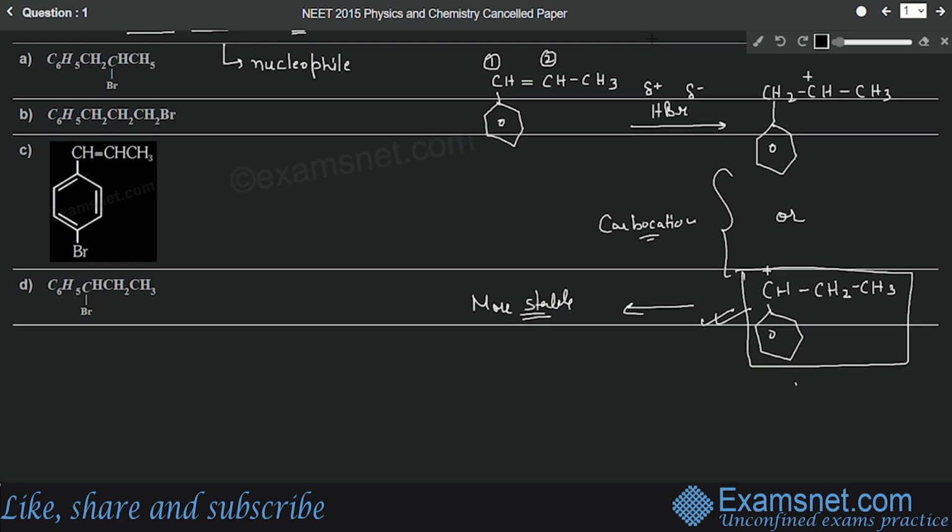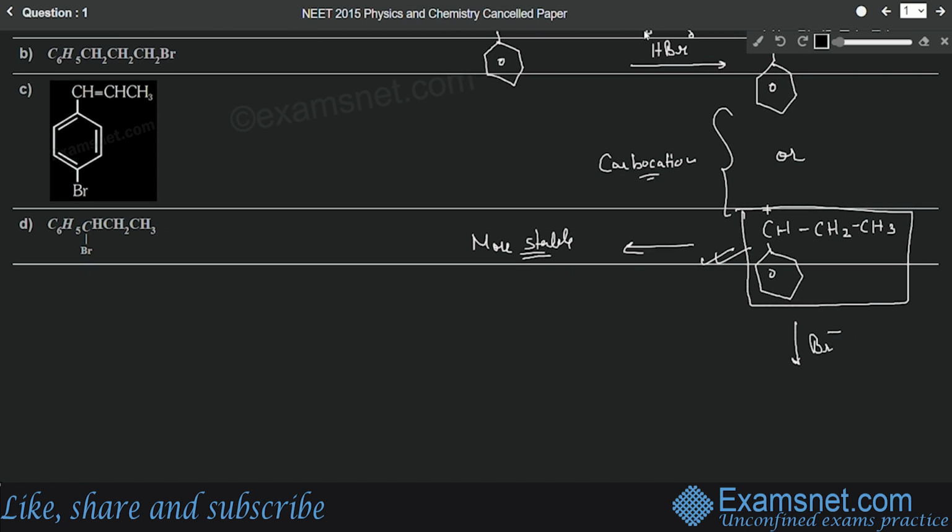Now in the next step, the bromide will come and get attached at this position. So this is your CH, and bromine will also get attached to this. So Br, and then we have a benzyl group here, and then CH2, CH3.